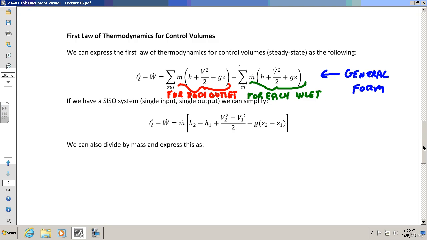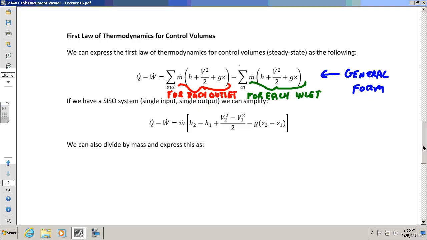So that's the most general form of the first law of thermodynamics for control volumes that we're going to use in this class. I mean, there's more general forms you could have, but that's the most general form for this class. Now, let me simplify this a lot. If we have a SISO system, SISO means single input, single output, that means we have one stream coming in and one stream going out.